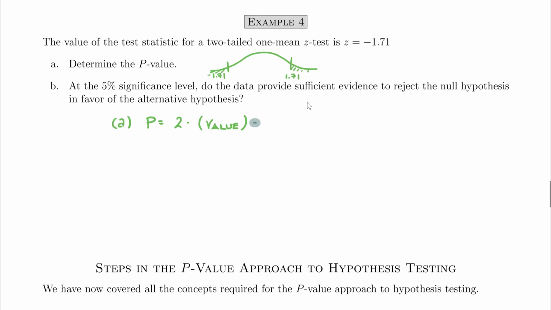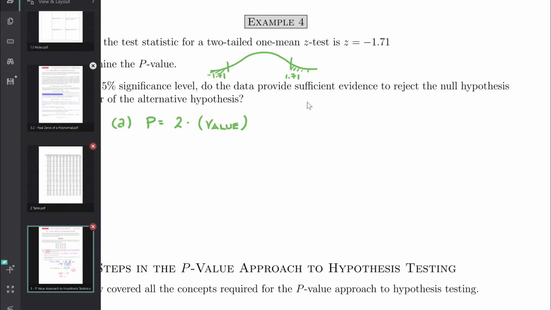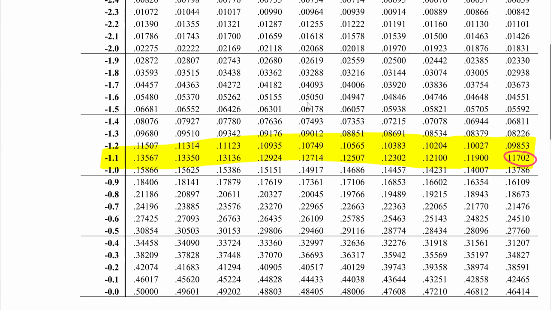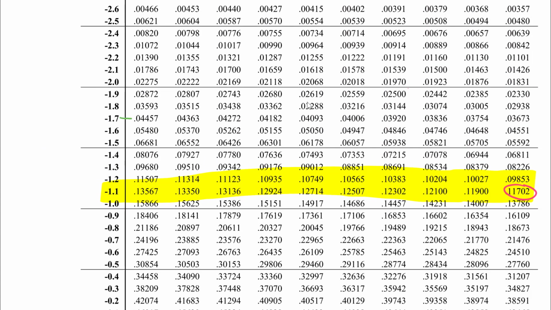I don't have to write that again. I've already written it. So let's look at negative 1.71 or positive 1.71. Let's look at negative 1.71. That's easiest because if we did positive 1.71, we would have to do the subtraction. So negative 1.71. We'll go back up to the negative table. Negative 1.71 is 0.04363.